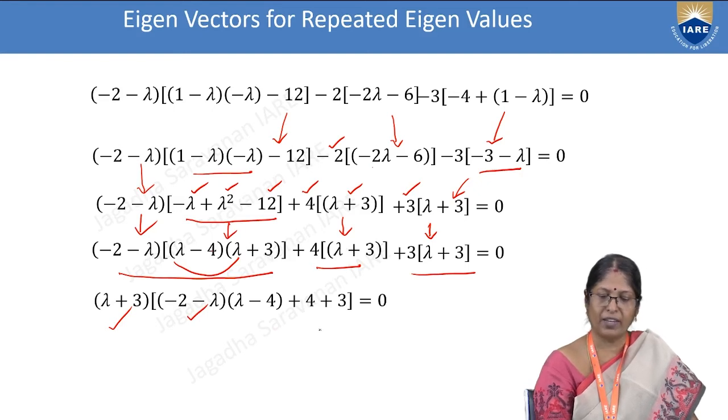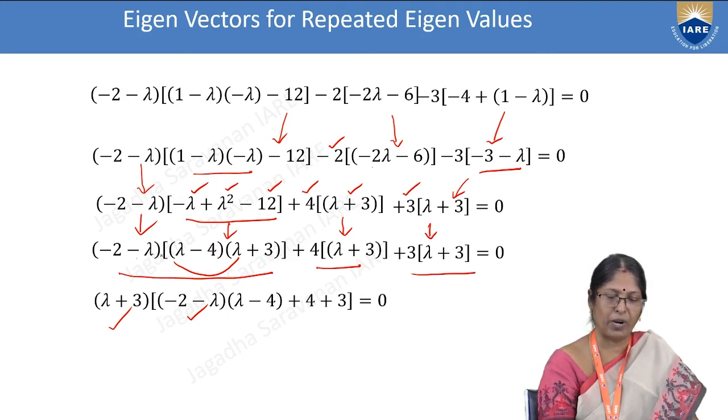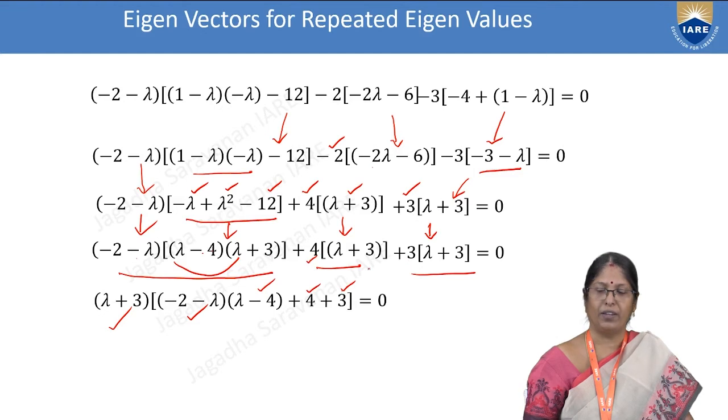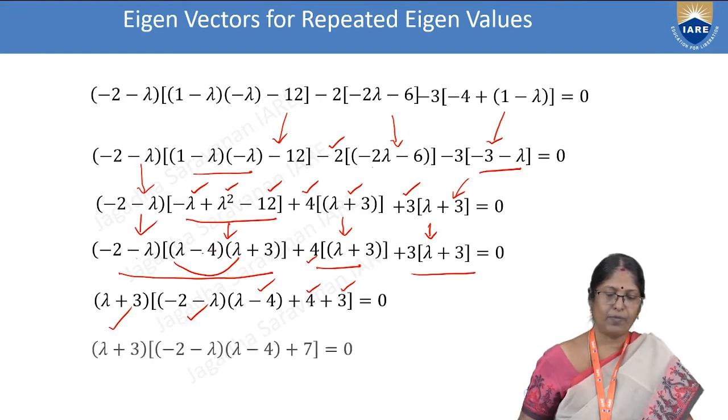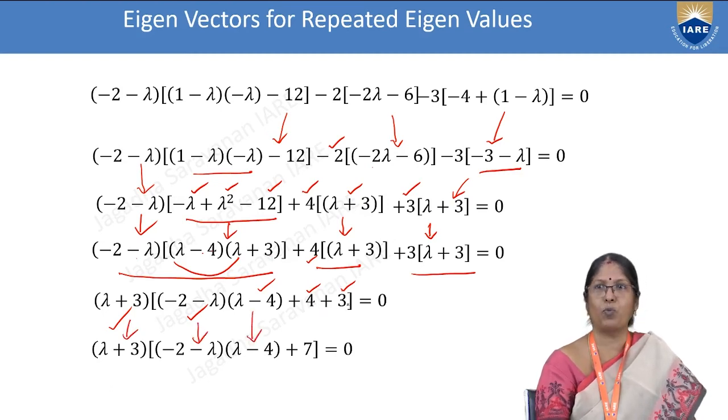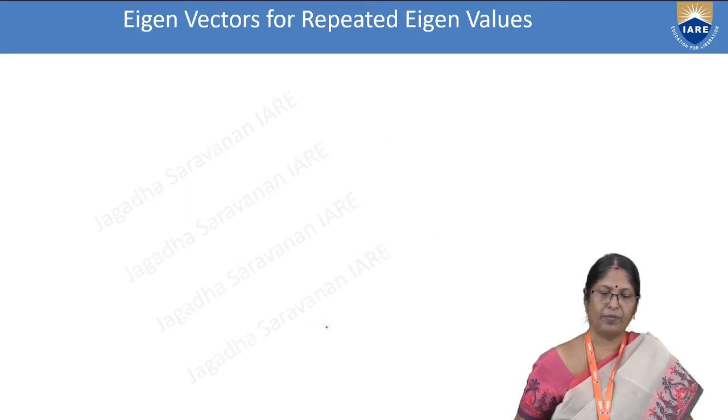Here this lambda plus 3 is common, here this minus 2 minus lambda, this lambda minus 4 we have taken. Here the balance is plus 4, here the balance is plus 3. It is written. Now, lambda plus 3, minus this as it is, here also as it is, only plus 4 plus 3, the change we brought here, plus 7.